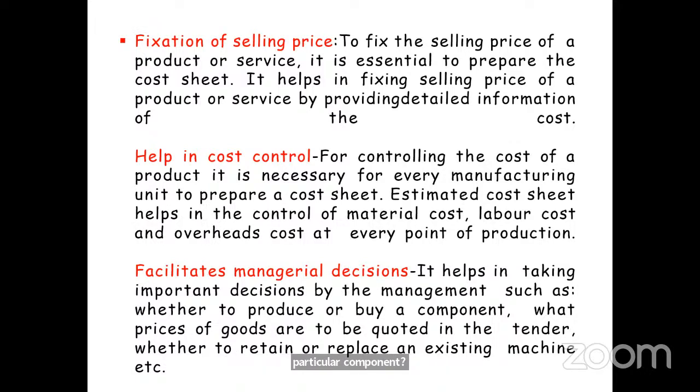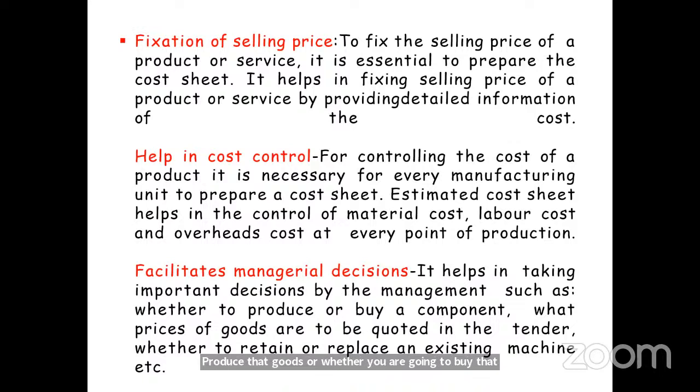Whenever you are preparing the cost sheet, you get to know that the unit cost of the product is 10 rupees. Okay, the same product is available in the market at 8 rupees or 9 rupees. So if it is available at a lower price, then you can compare whether you are going to produce that goods or buy that goods from the market.